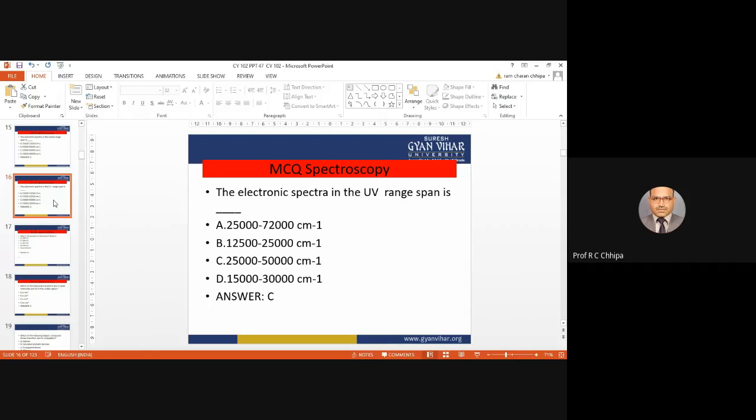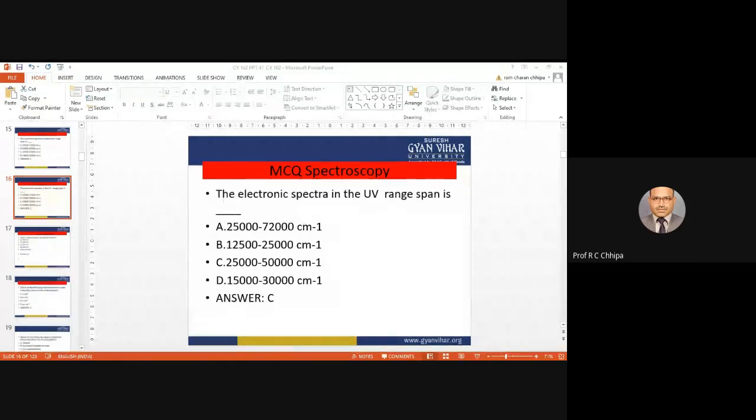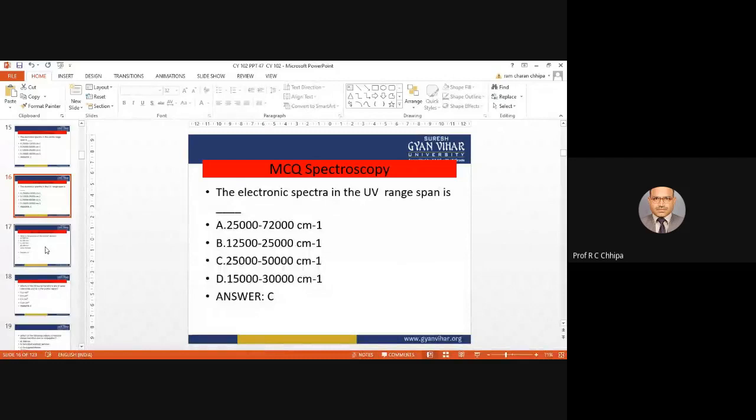We get information from spectroscopy, spectrophotometer, also called spectrometry, spectroscopic analysis. When electronic spectra are obtained in the UV range, that is the UV wavelength. Here is the wave number. There is a difference between them, so you can calculate this easily.